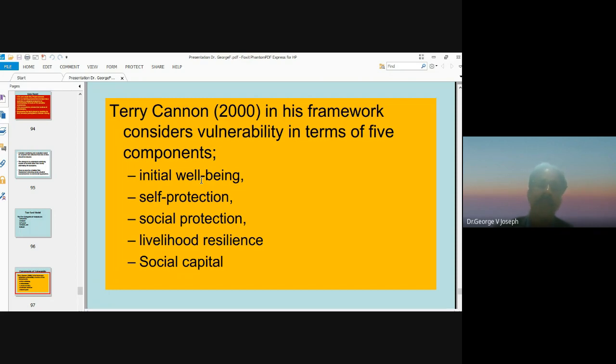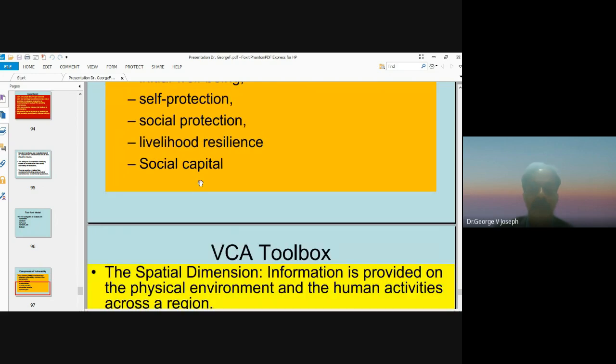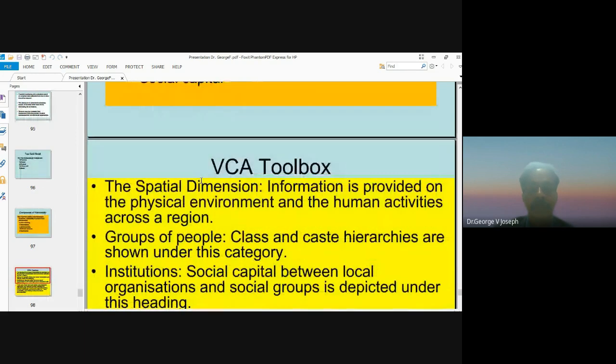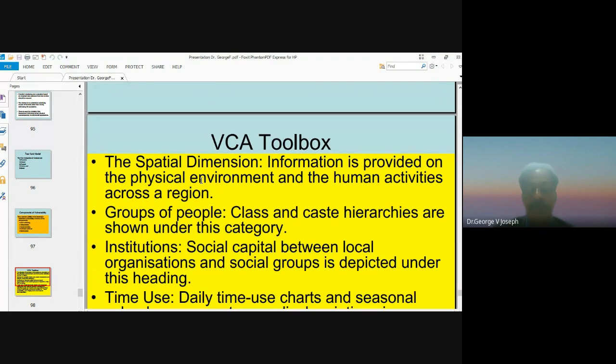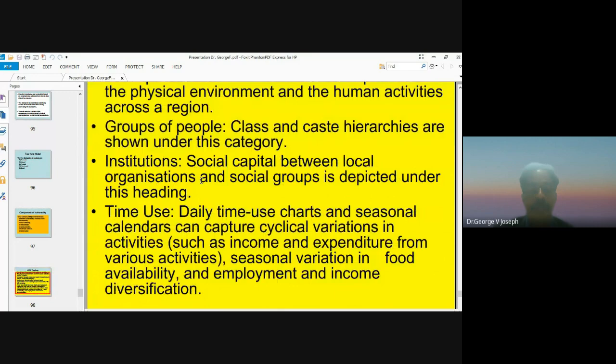So various people have looked at vulnerabilities using various components. We would like to say that there should be an integrated approach, and there are toolkits where spatial dimension information is provided on physical environment, human activities, groups of people, and the caste system, or the social cohesion and social capital issues, and daily activities.